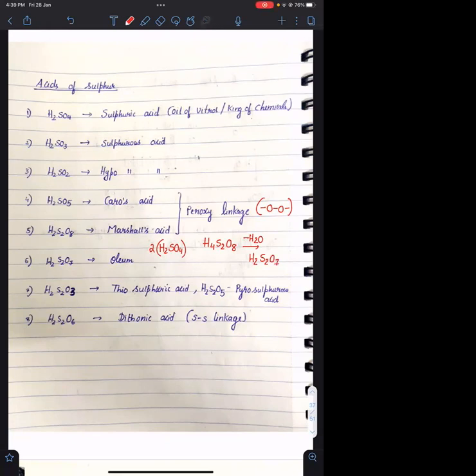H2S2O7. यही तो मिलेगा, which is oleum. So multiplying sulfuric acid by 2 and removing a water from it, can I say I can call oleum pyrosulfuric acid. Pyro matlab heat. Whenever you are heating, you will be removing a water molecule. Hence, this oleum is also called pyrosulfuric acid. Is that clear?